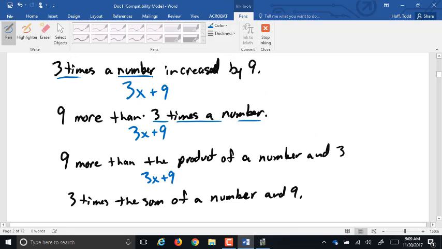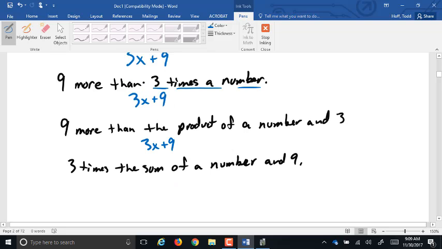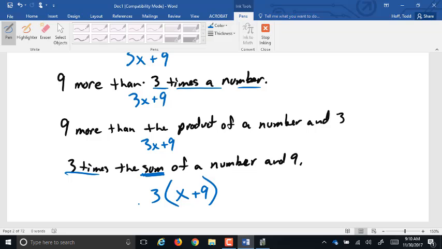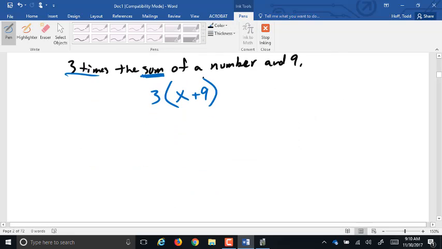This was 3 times the number. Down here, it's 3 times the sum. The sum is the result of an addition problem. So that's implying the addition happens first. x plus 9 first, then we multiply that sum by 3. So some very subtle wording there that makes that different.